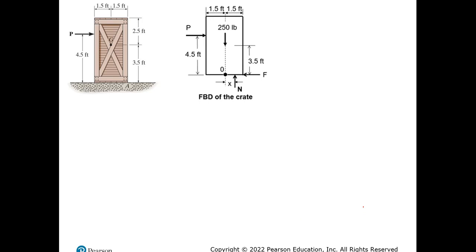What do I do now? Well, now that I have that, I will just do sum of forces in the x direction, and that will be equal to P minus 0.4 N, and it's equal to 0.